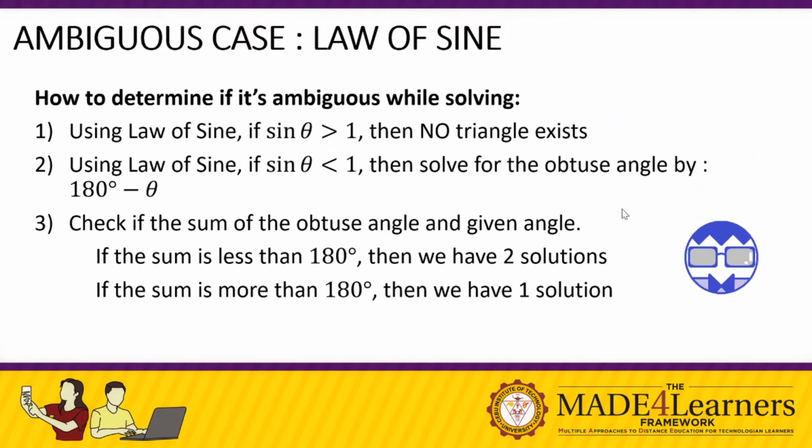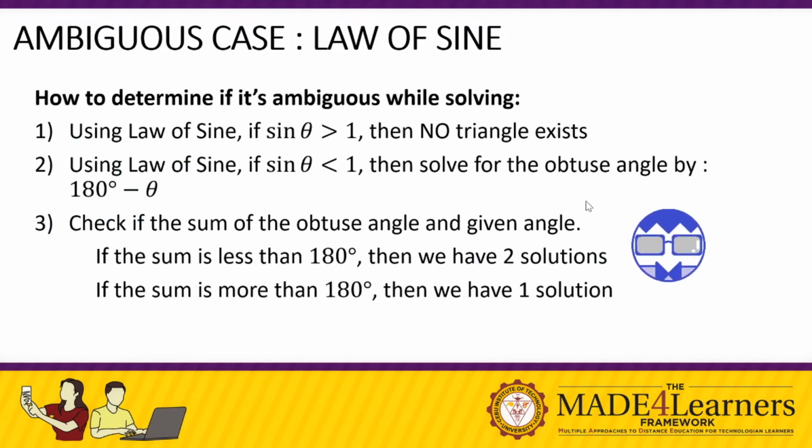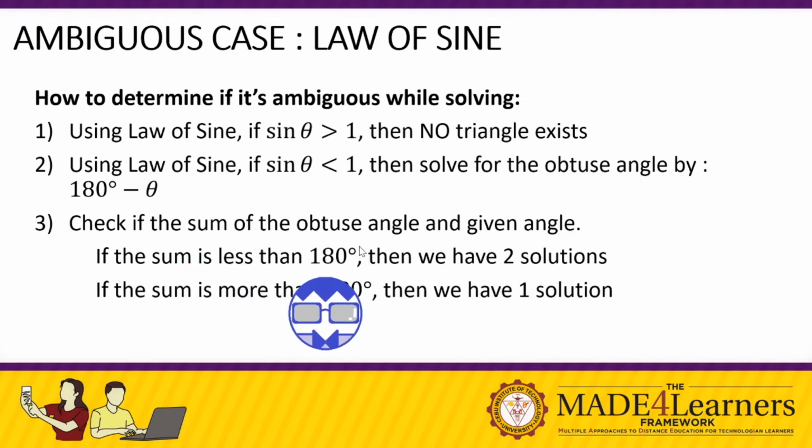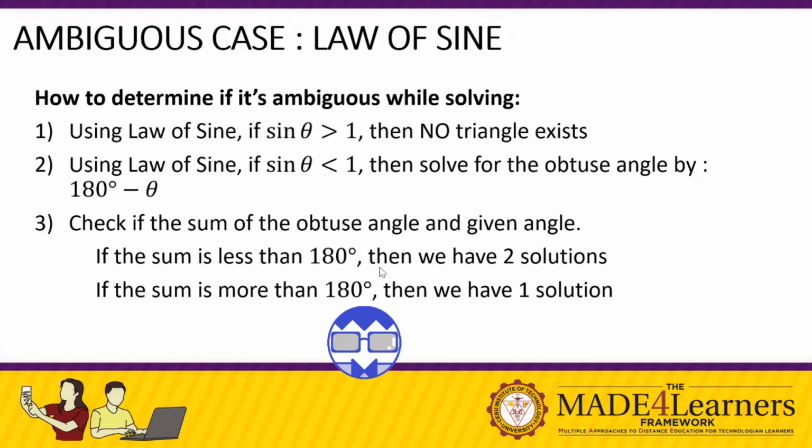Then check the sum of the second angle, the obtuse angle, and the given angle. If the sum is less than 180, then we have two solutions, so we're going to solve for two possible scenarios. However, if the sum is more than 180, then we only have one solution.